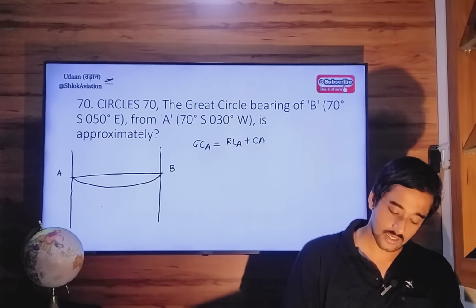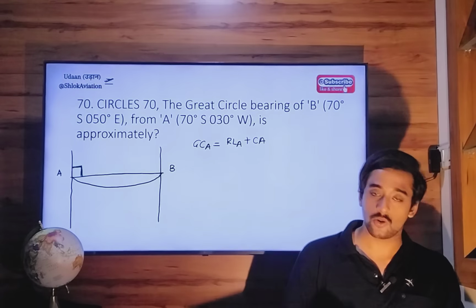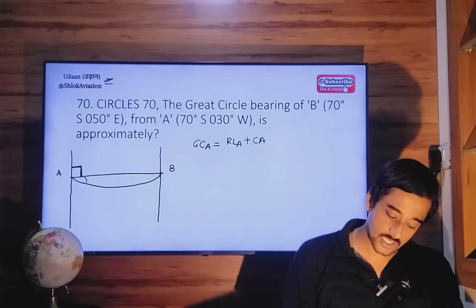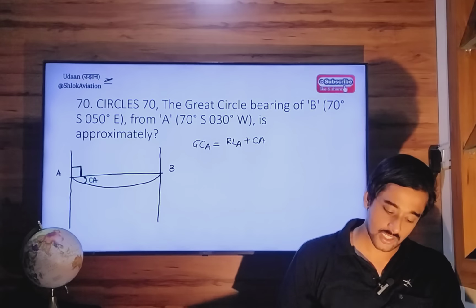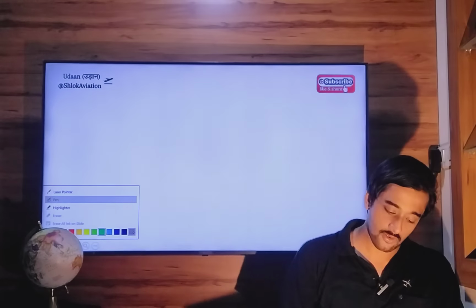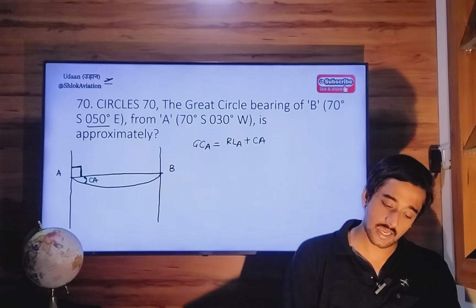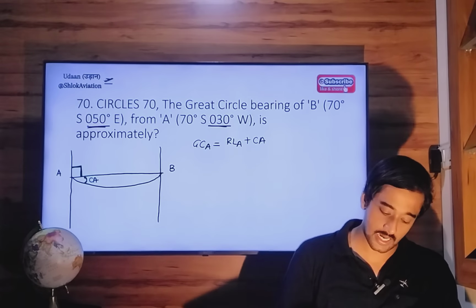What is the rhumb line track at A? Rhumb line track at A is 090. You're going from A to B, 90 degree. What is the convergency angle? Convergency angle is half of convergency. D long is 50 degree east, 30 degree west, so 80 degree.